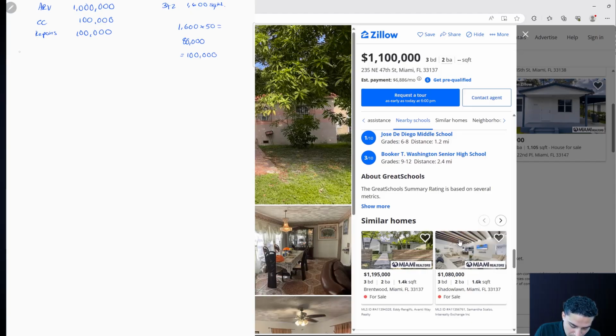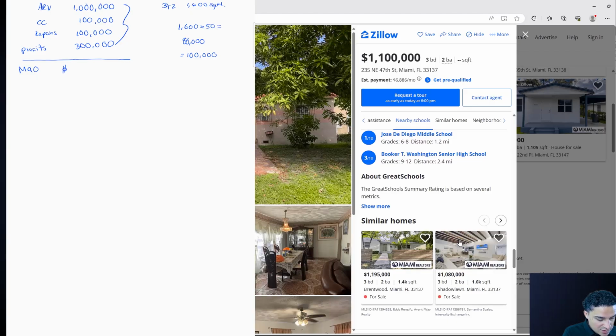So we're going to put here profits, $300,000, okay? Minimum. This is going to be the maximum allowable offer. And what you do is you subtract all of this to get the offer that you're going to be making, okay?